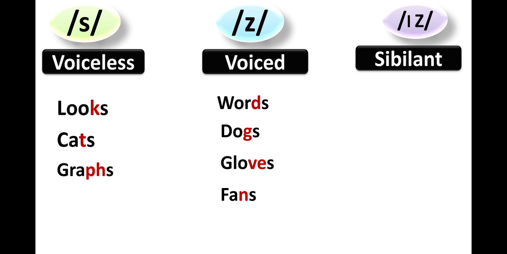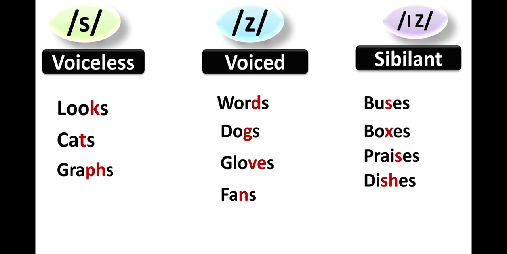Okay? Now, it's pronounced as iz if it appears after a sibilant sound. For example, buses, boxes, praises, dishes, watches. Did you get my point?